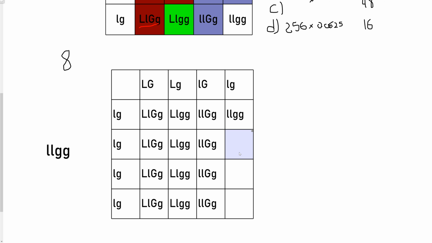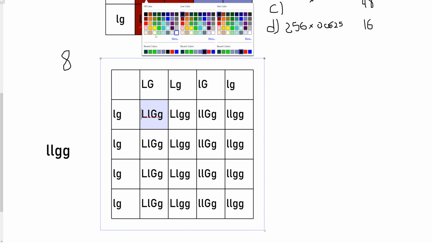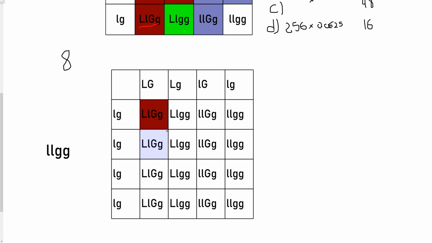So if we want to color code these guys the way we did before, all of these will be maroon. All of these will be green.